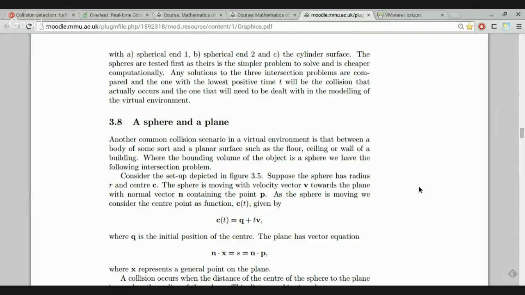No, possibly more general, possibly an ellipse. If the sphere is heading towards the plane perpendicularly, the intersection will always be a circle. But if it's hitting it at angles that are not perpendicular, then you'll have a more general kind of shape, an ellipse.